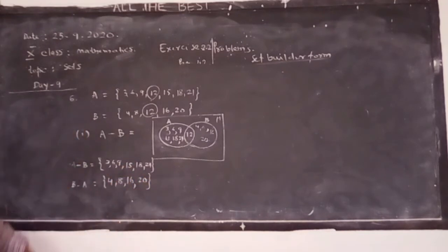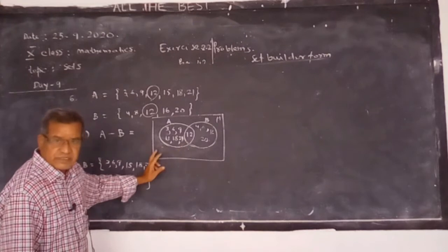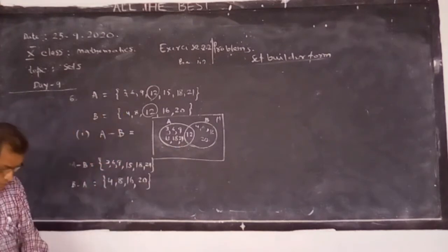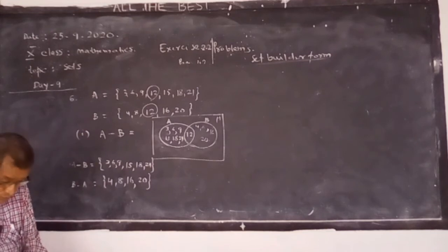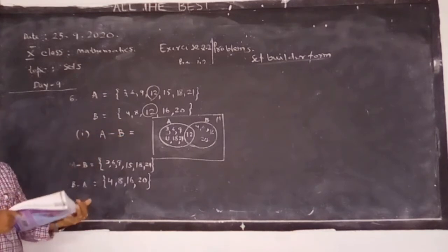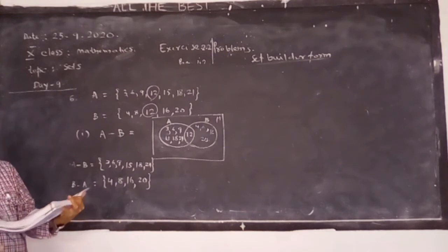So like that you can do the other problems. It is convenient to represent with the Venn diagram. Easy. Subtraction is easy. Write the common elements first and remove them, and write the remaining elements.